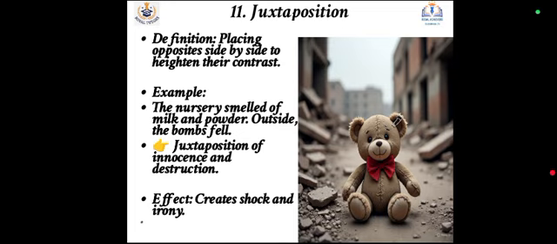For example, the nursery smelled of milk and powder, outside the bombs fell. Now that's a juxtaposition of innocence and destruction. The writer uses it to create shock and irony.